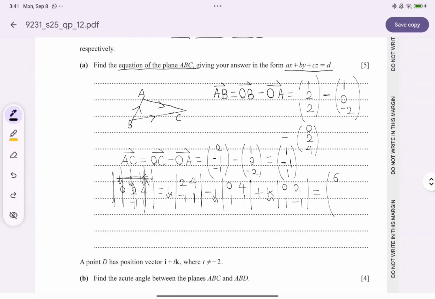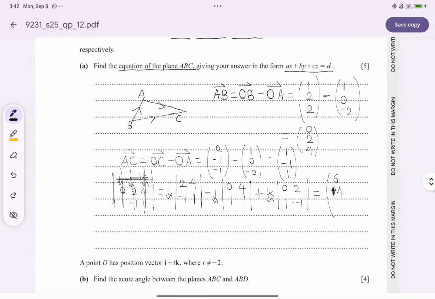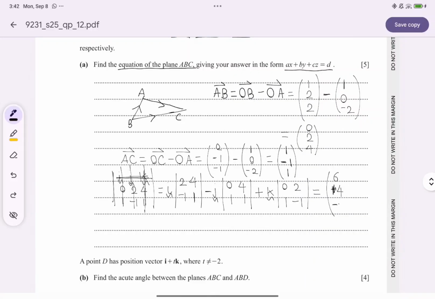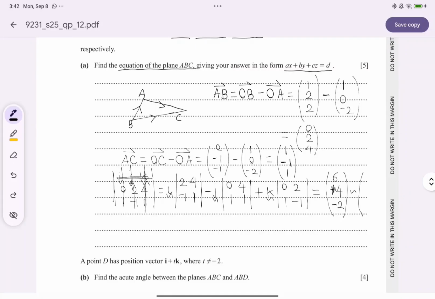The determinant of 0, 4, 1, 1 is 0 minus 4, which is minus 4, so with the minus sign it's 4. And 0 minus 2 is minus 2. Now we can divide all the components by 2 to make it simpler. So this is simply 3, 2, negative 1.